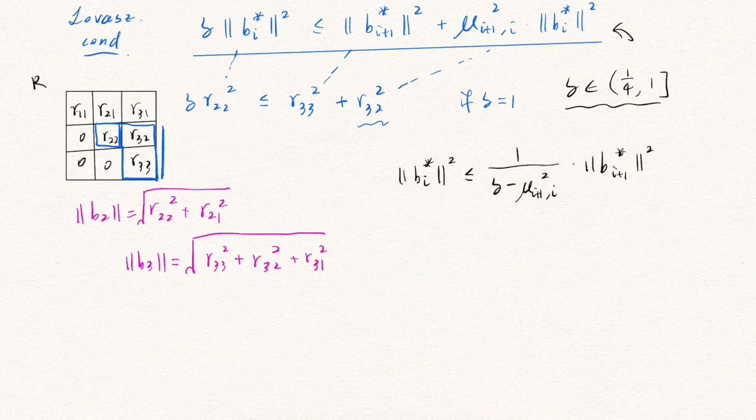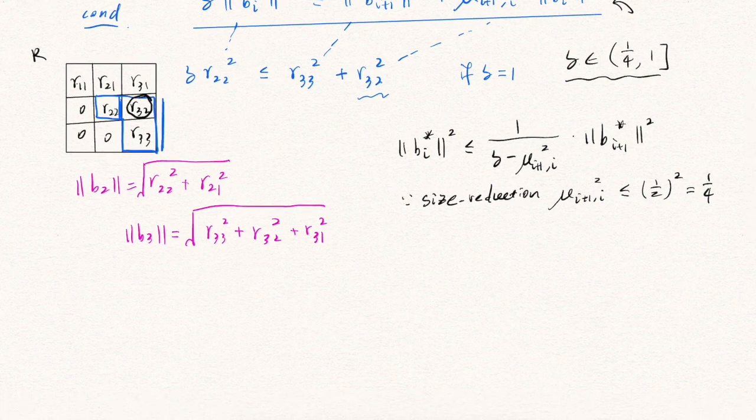Okay, so now we know, because of size reduction, that the mu i plus 1 i square is smaller than 1/4, right? Because we know that the size reduction step is basically bringing these off-diagonal entries closer to the diagonal entries, so that the coefficient is smaller than 1/2, and their square is smaller than 1/4.